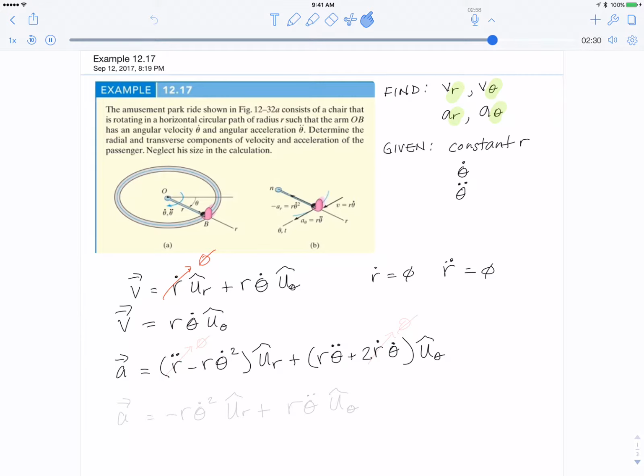Well, r dot is 0 and r double dot is 0, so that one's 0 and that one's 0. So we end up with the acceleration is minus r theta dot squared, so the centripetal acceleration in the radial direction, and r theta double dot in the transverse direction. That's it.